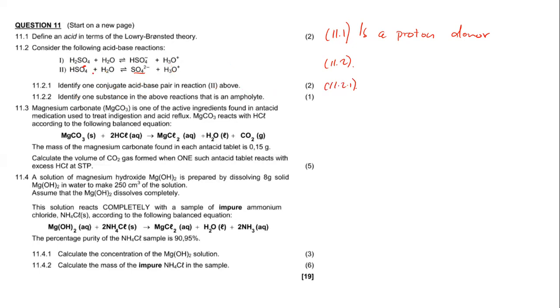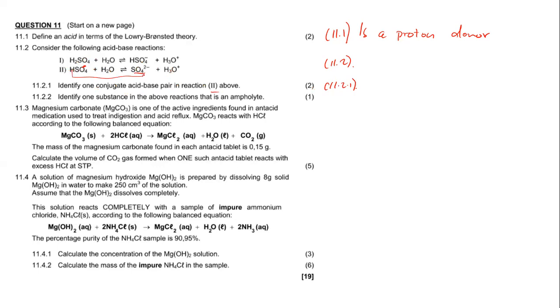If I choose this and that, they only want one from reaction number 2. So I'm choosing this to that, because this is an acid. It's going to have to donate its proton to form that. So when this donates a proton, it turns into that. So these are the partners.